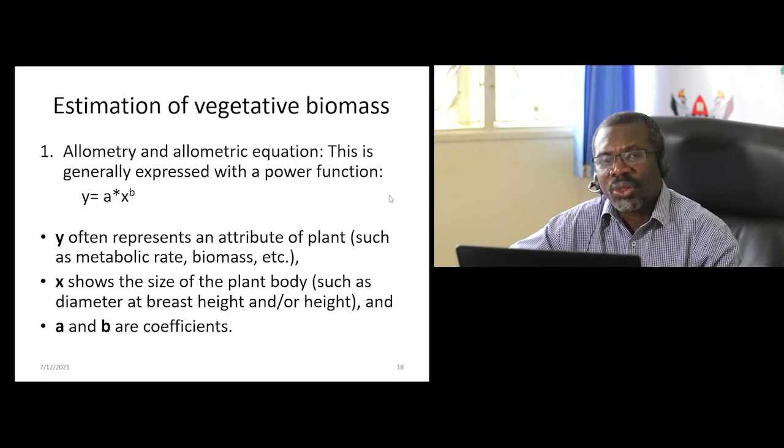Generally, the known allometric equations use power functions or log functions. Once you transform the power function using log, you get a linear function.